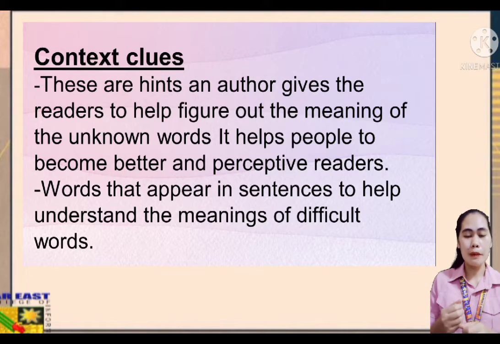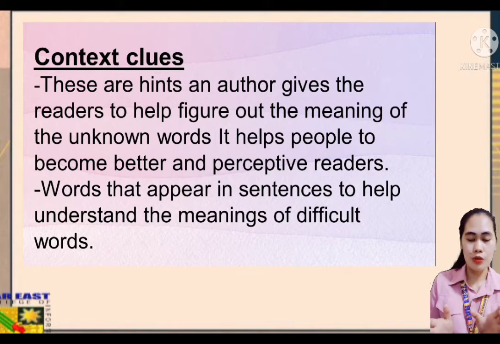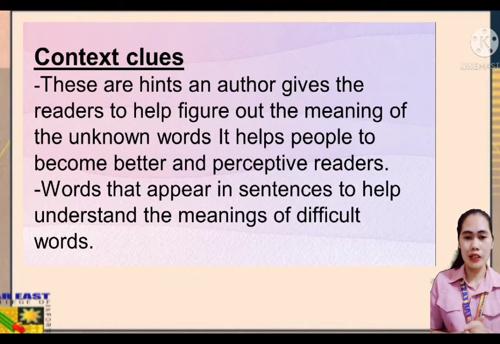So, kapag meron tayong mga words na hindi natin naiintindihan, ang gagawin lang natin is titignan natin yung pinakabuong sentence niya because there are words na nagde-define doon sa difficult words na yun, doon sa unfamiliar words na yun. Okay? Yun yung tinatawag nating context clues. Okay?